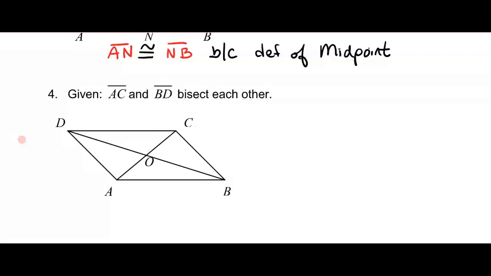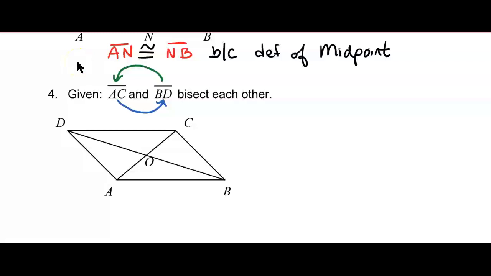No. So when it says they bisect each other, this segment BD is bisecting AC, and this segment AC is bisecting BD. So when I'm looking at my notes to figure out which action steps I should take, which of those boxes should I be looking at? Midpoint, bisector, perpendicular, or perpendicular bisector? Midpoint.